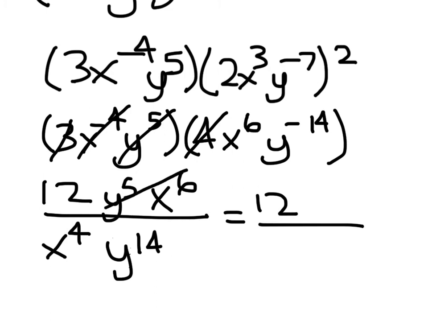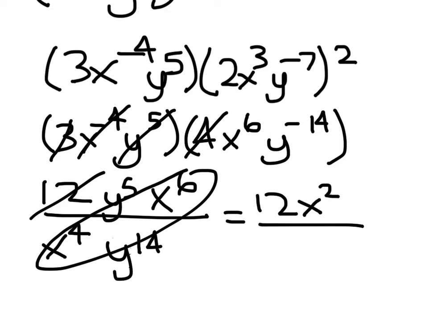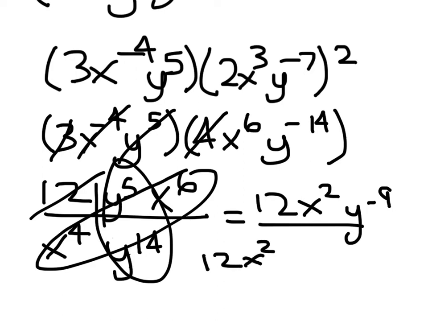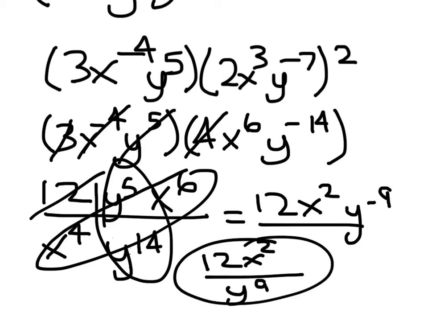Let me compare the x's. 6 minus 4 is 2, so in the numerator I have x squared. 5 minus 14 is negative 9. But I can take that y to the negative 9 and write it in the denominator as y to the power of positive 9.